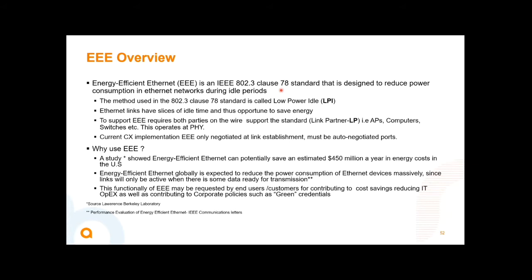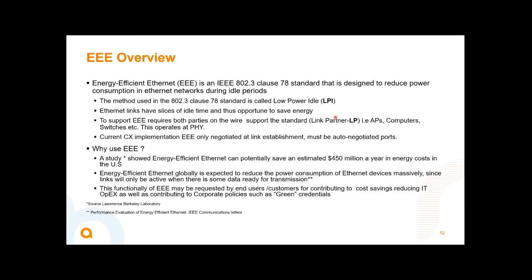One of the important things about energy efficient Ethernet, and you'll see this in some of the outputs that I show you, is a cycle that we call low power idle. This is the method that we use to actually save power in the Ethernet link. And this is a layer 1 technology, so it's all done at the PHY level.